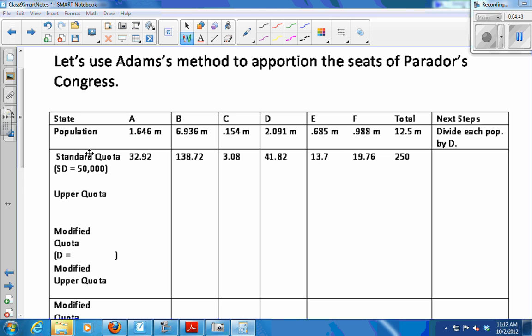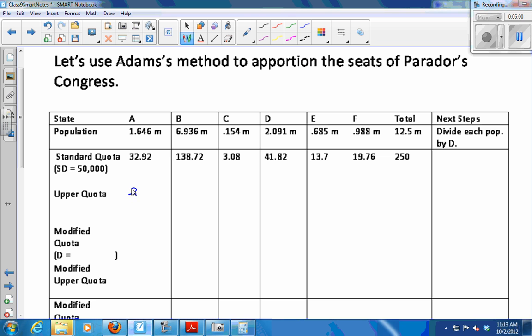So when you get the standard quotas, this should add up to exactly 250 seats, right? Now, Jefferson's method would have you round these all down, right? Adams' method has you round them all up. No matter what the decimal part is, you round up.